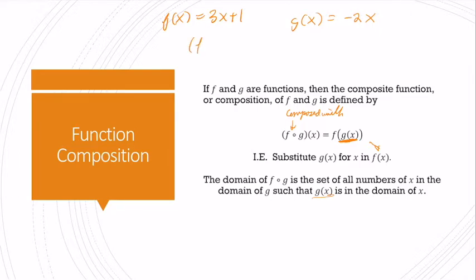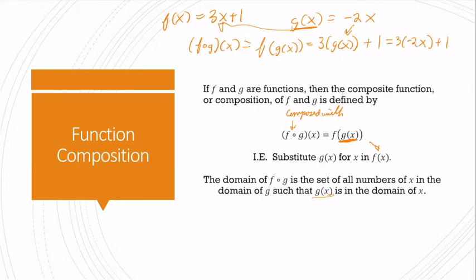That means I'm substituting g of x in for x in f. So I'd have 3 g of x plus 1. I'm then going to substitute in g of x, which was negative 2x. So I have 3 times negative 2x plus 1. That's going to give me negative 6x plus 1 is my function composition.